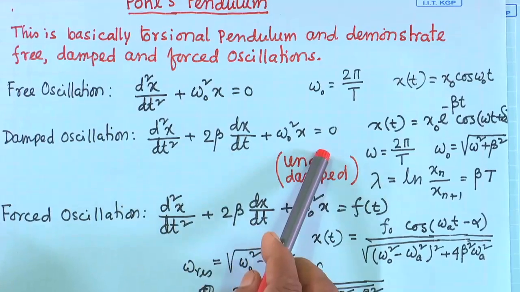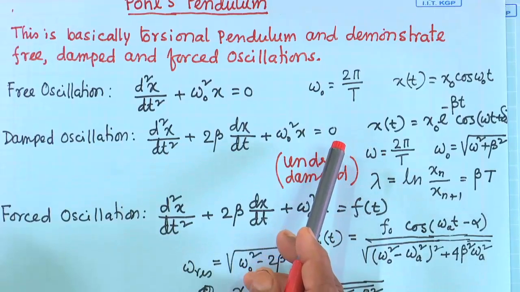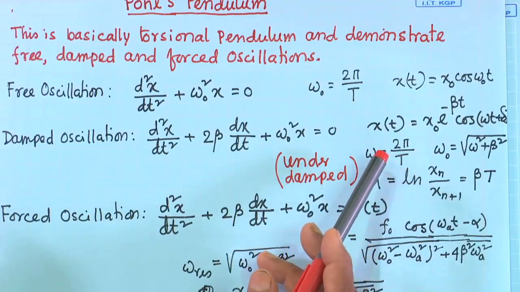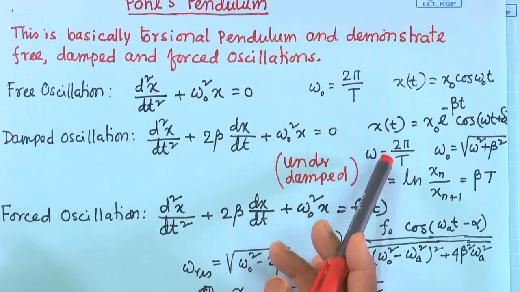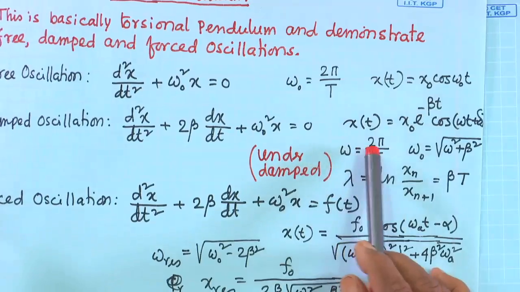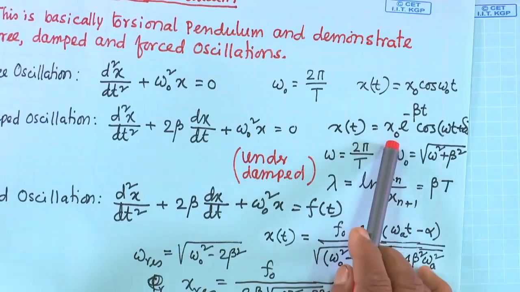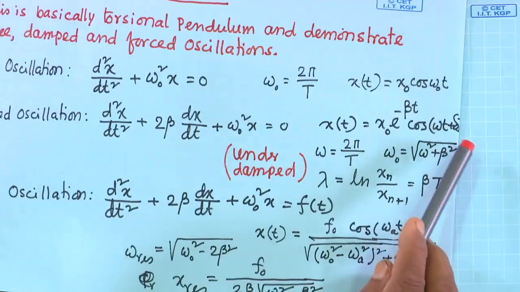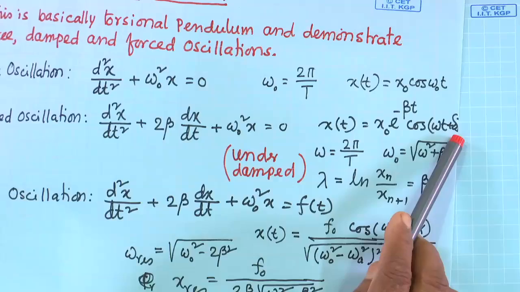Now, depending on the values of omega 0 and beta, there are 3 kinds of oscillation, right: under damped oscillation, critical oscillation or over damped oscillation. Here I have written the solution for the under damped condition. x as a function of t is x0 e to the power minus beta t, then cos omega t plus delta, where delta is the initial phase.